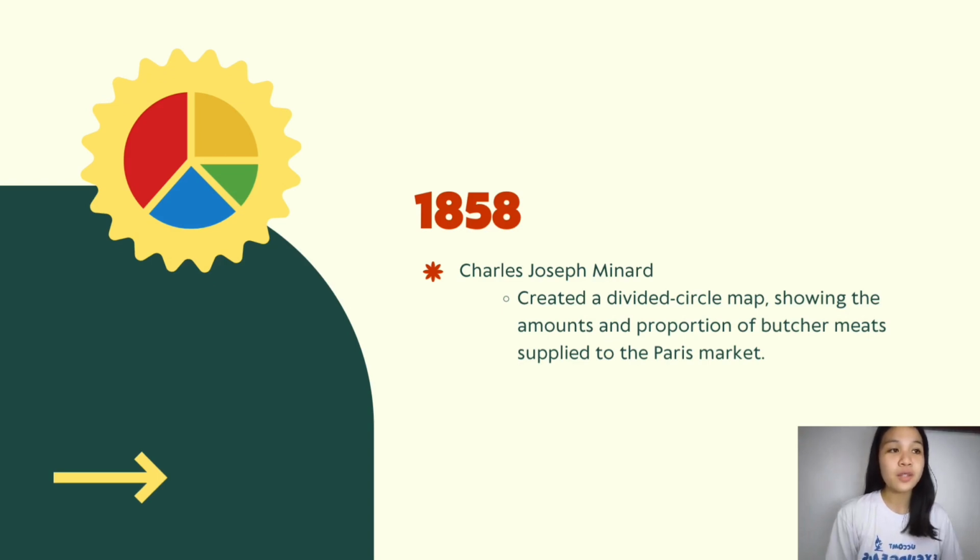Nightingale's work helped to highlight the significance of data visualization in healthcare and statistics. Overall, in 1858, the pie graph had firmly established itself as a valuable tool for representing data in a visually accessible manner, and it continued to be used for various applications, including statistical analysis and scientific communication.